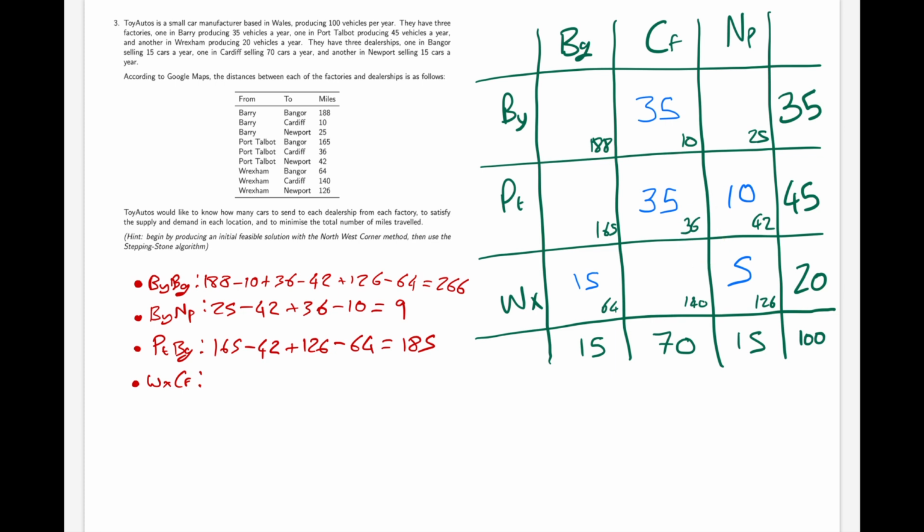So we are increasing Cardiff-Wrexham, decreasing Port Talbot-Cardiff, increase in Port Talbot-Newport, decrease in Newport-Wrexham, at a net unit cost of 20. All possible changes, so any way we could change a non-basic variable to a basic variable now, will result in an increase in unit cost, and therefore we have found our optimal solution.